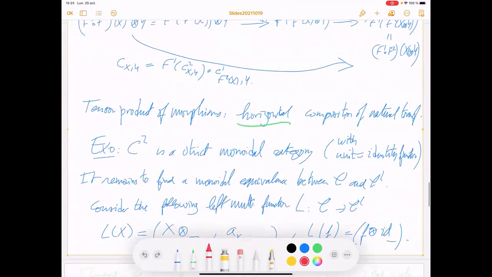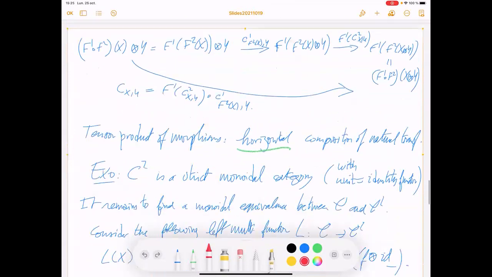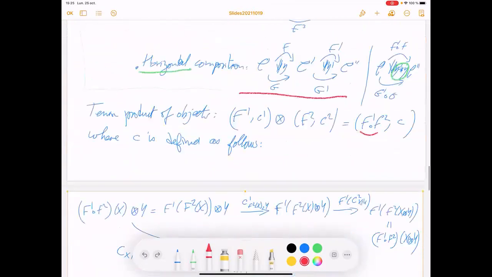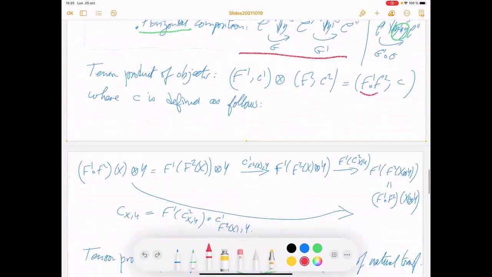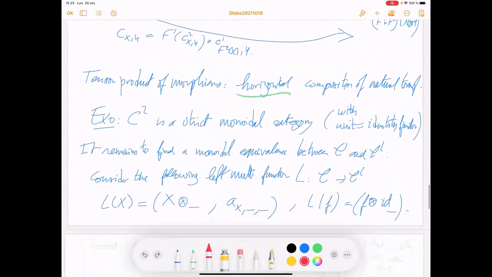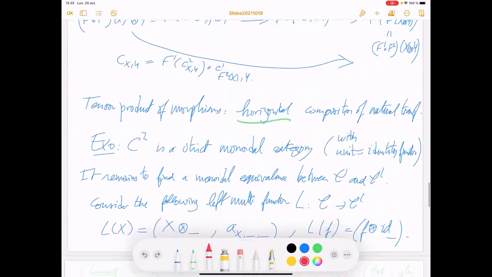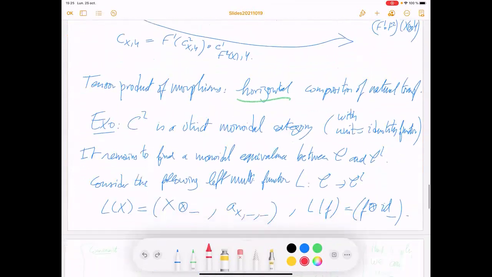This we need to remember, because we will reuse this formula at the end of the proof. The tensor product of morphisms is given by the horizontal composition of natural transformations. So this C prime is a strict monoidal category.